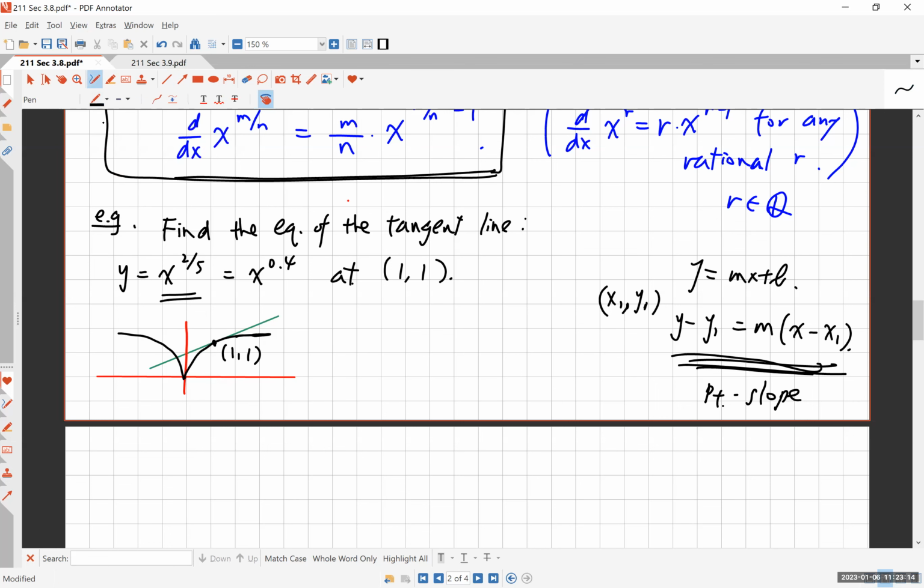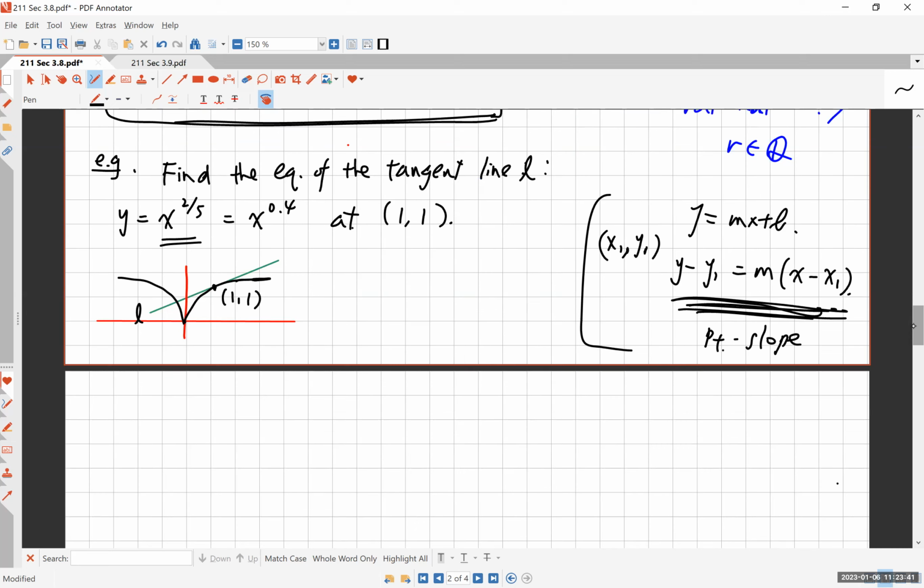Let's try to find not only the slope of the tangent line, but come up with the equation of the tangent line, L. So find the equation of this line, L, which is tangent to the function x to the 2/5 power at the point (1, 1). That is the formal statement of this problem.